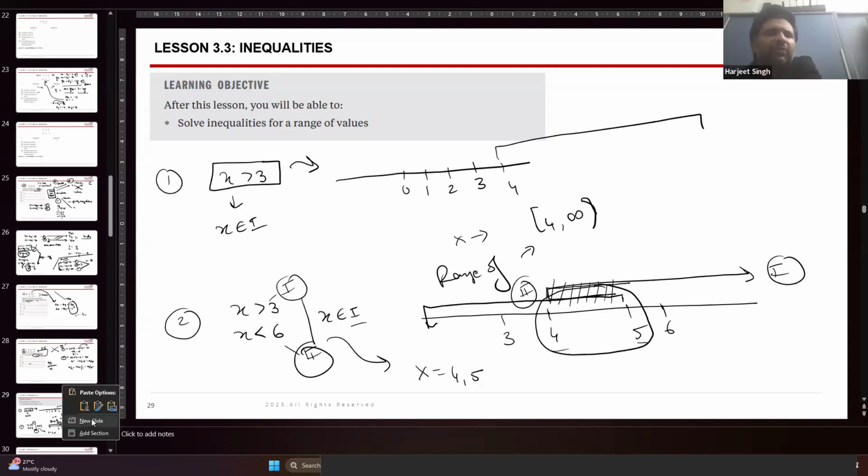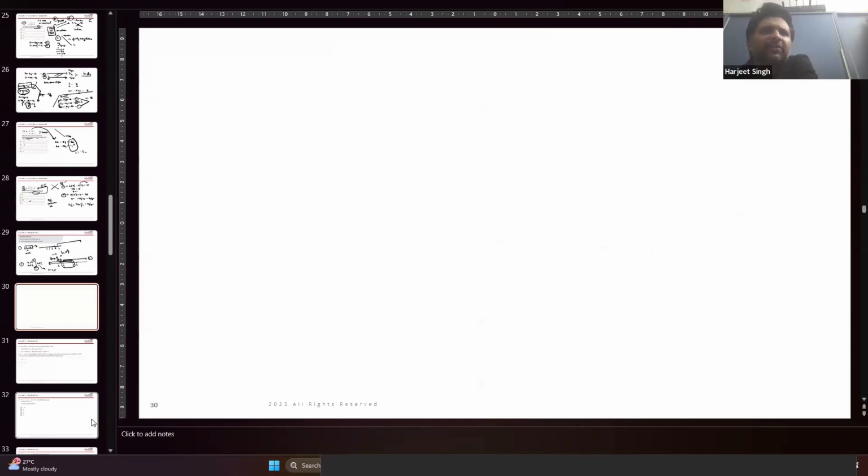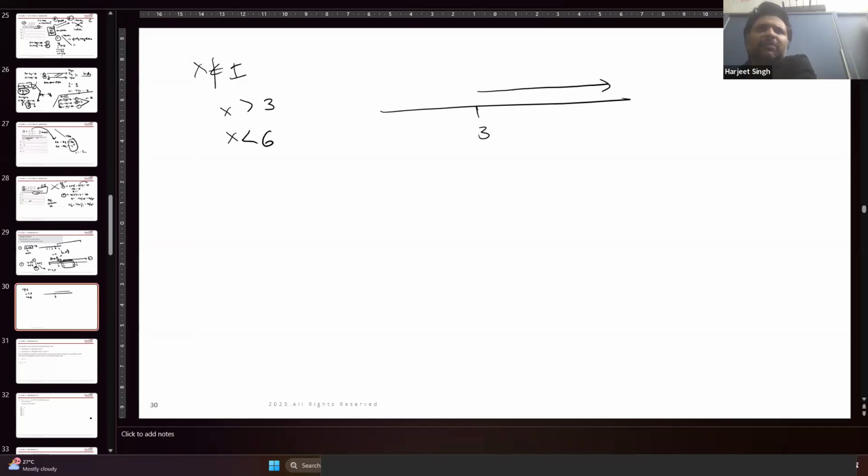If I were to ask you, x not an integer, which means x is a rational number, and I give you the same set of equations, x greater than 3, x less than 6. How do we solve these? Similar fashion. So now x greater than 3, can I say anything above this will be my first equation?